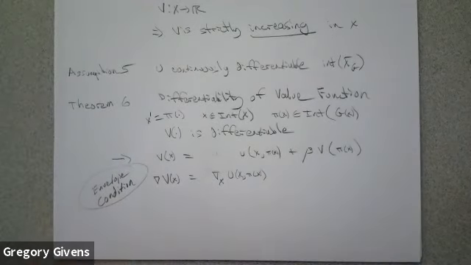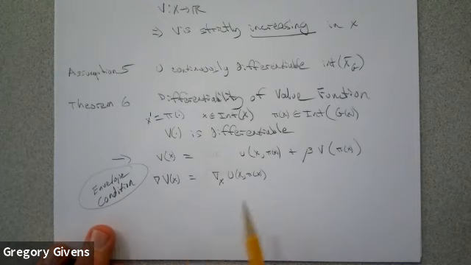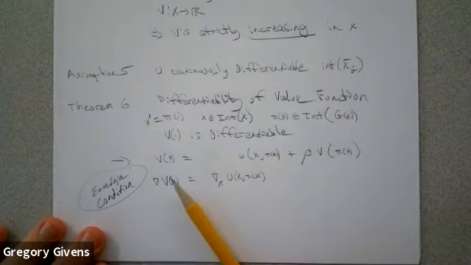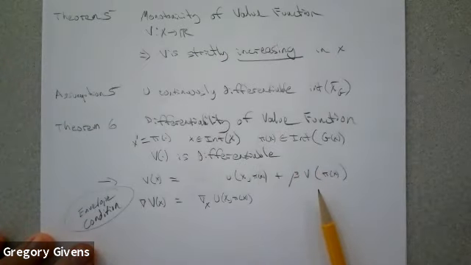Okay, Theorem 6 establishes that we can use the envelope condition here because the value function itself is differentiable. If we want to use differential calculus to characterize the solution to these problems, then we have to know from more primitive arguments that V itself is differentiable, because V is on the right-hand side of the thing that we're trying to maximize.